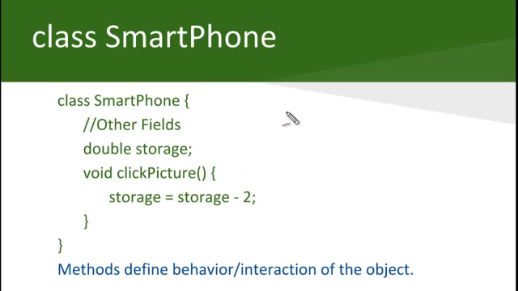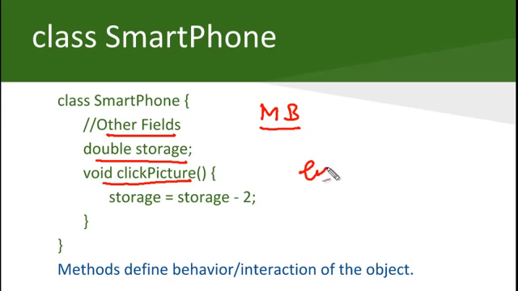Let us see through an example how methods in a class work, and the idea will be clearer. Now we take the same smartphone example which we took earlier. Consider other fields come here and we have storage, and storage is in MBs. Consider a method which we have called clickPicture.